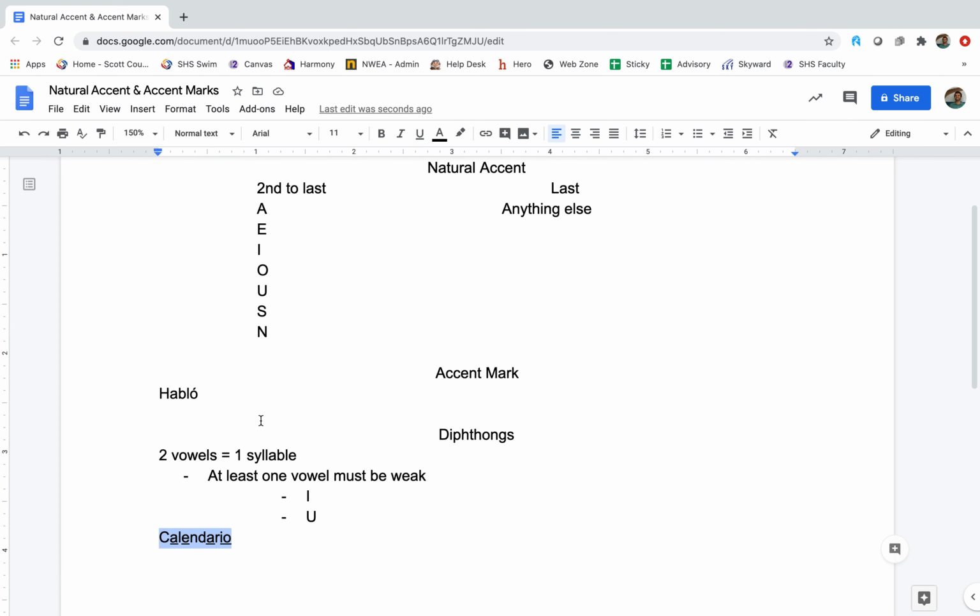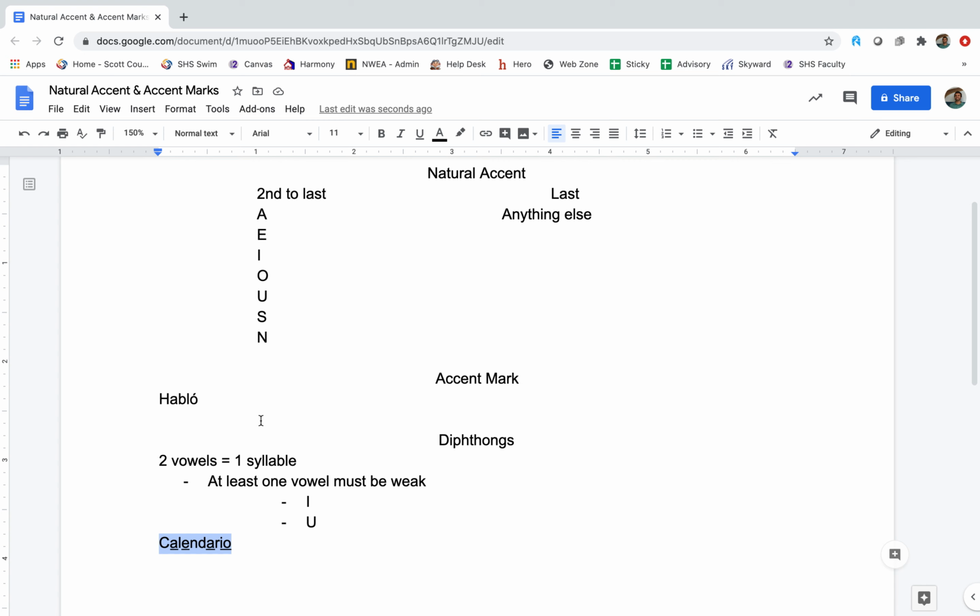And then we look at the last letter, which is an O, and we ask ourselves, is it a vowel, S or N? Yes, O is a vowel. So we put the emphasis on the second to last syllable to make calendario.